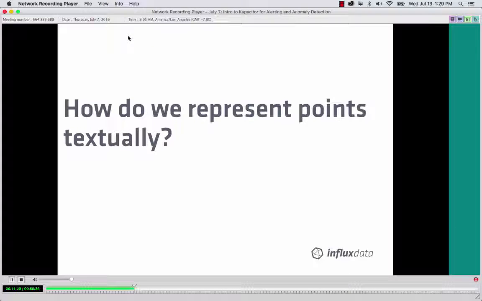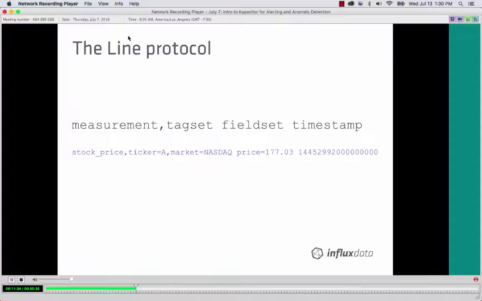Now, how do we encode all this information textually? We have a textual write format, an ASCII write format, called the line protocol. It goes: measurement, comma, tag set, space, field set, space, timestamp.